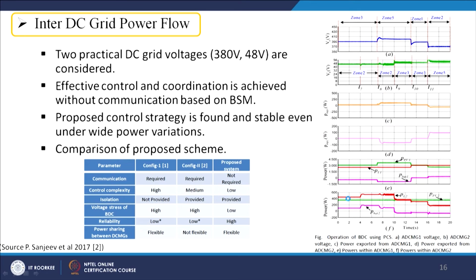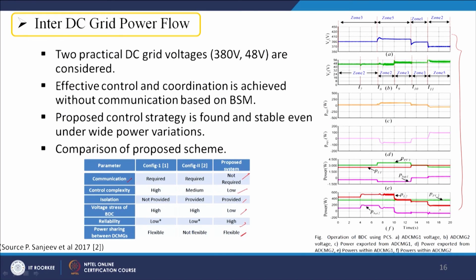In comparison of the proposed scheme, communication is not required, control complexity is very low, isolation is provided, voltage stress on the BDC is very low, reliability is extremely high, and the power sharing between DC microgrids is flexible, meaning excess power can be brought from DC microgrid 2 to 1, and we can also exchange power from microgrid 1 to microgrid 2.